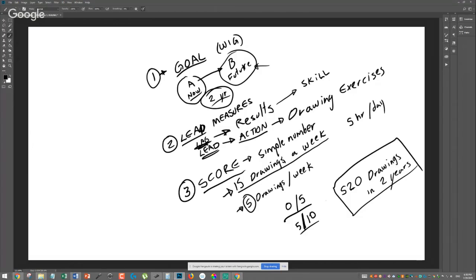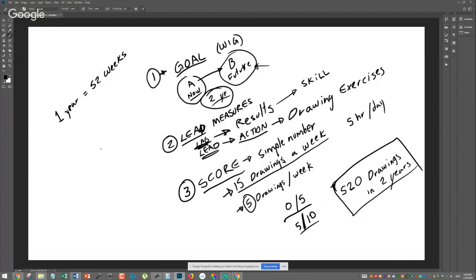Now, let me go back so you can make those calculations yourself. Because I am a math geek, 1 year has 52 weeks.